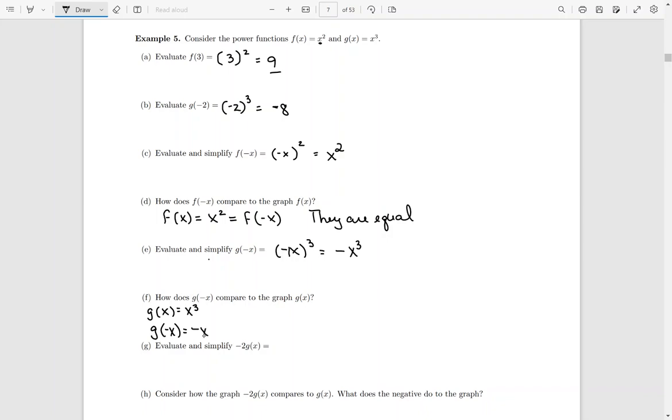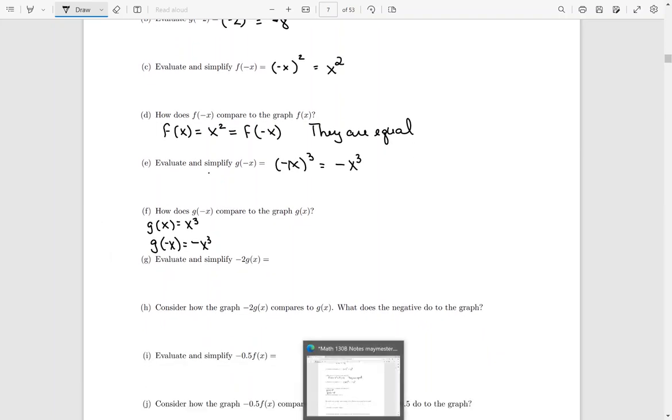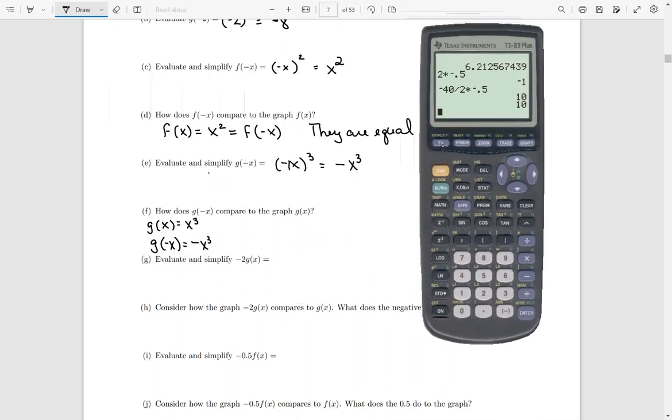was -x cubed. So if you look at the graphs of these, and let me pull up my calculator here, if I can find it today. What you should notice, and let's clear out this, so that would do x cubed, and then -x cubed. I'm going to do a zoom 6 to get my calculator snapped on the screen.